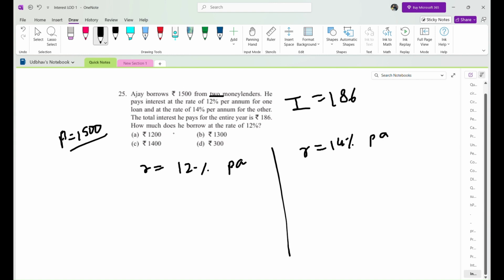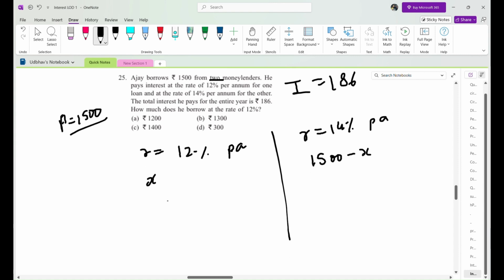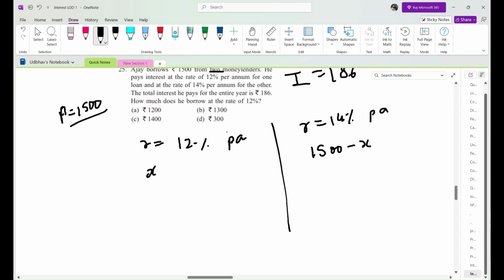How much does he borrow at the rate of 12%? Okay, so let's say he borrowed X here. So how much will he borrow from the other? 1500 minus X. And he borrows it for how many years? For an entire year.